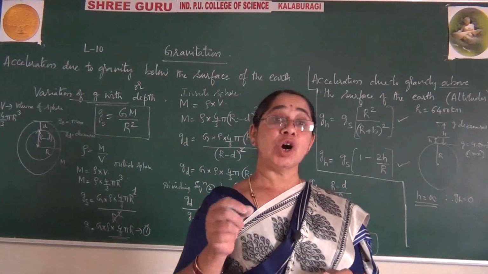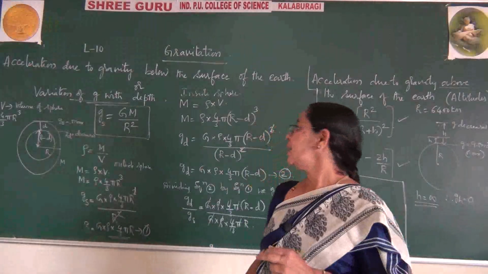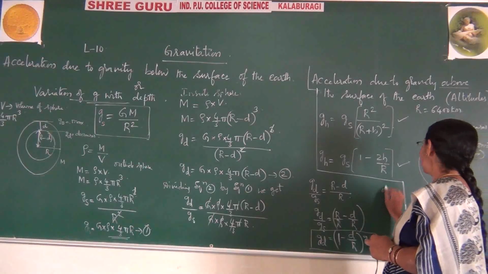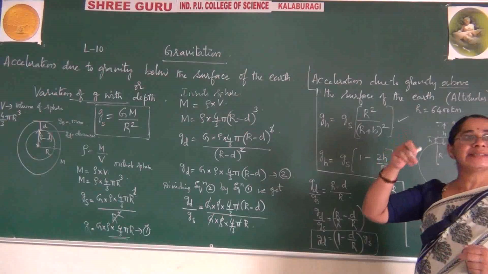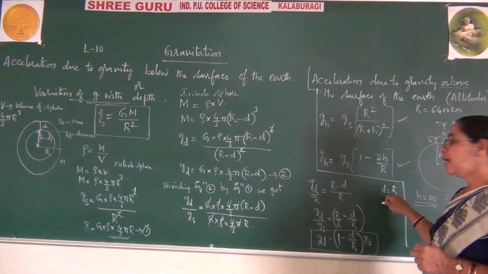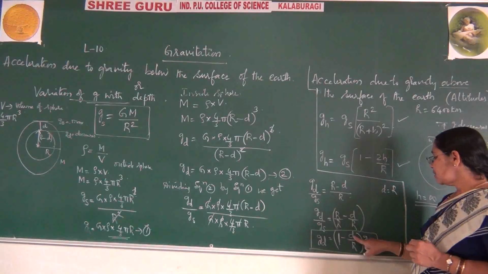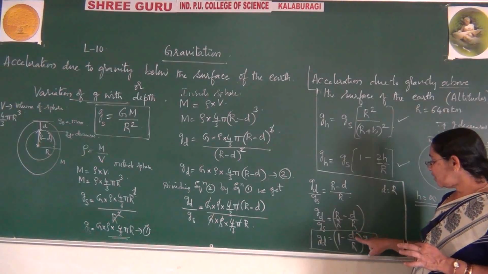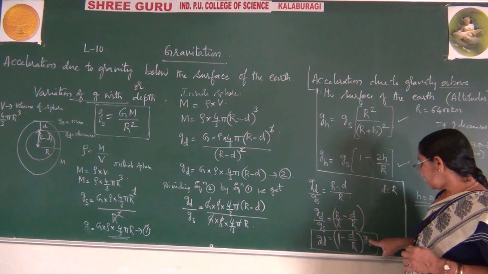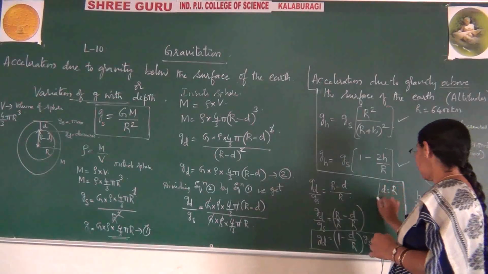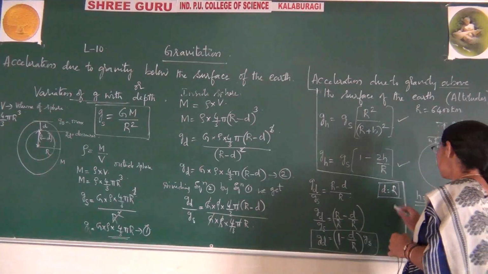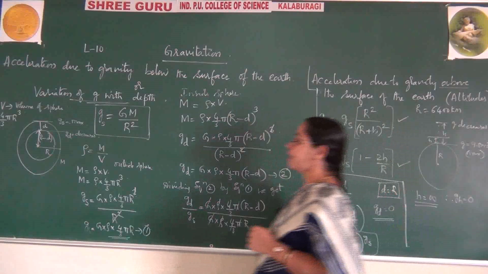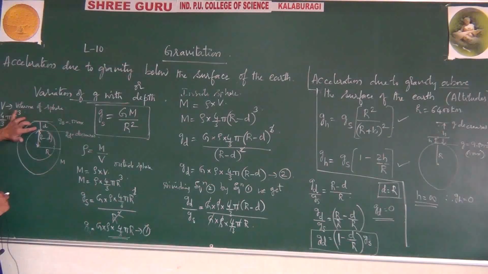By chance, if the object reaches exactly the center of the earth, at that time I take the condition where d is equal to R. Then your expression becomes 1 minus R by R. R by R is nothing but 1. 1 minus 1 is nothing but 0. Naturally, g_s into 0 becomes 0.